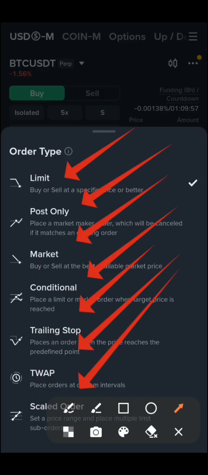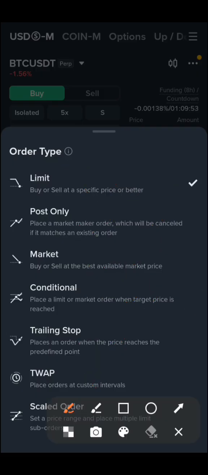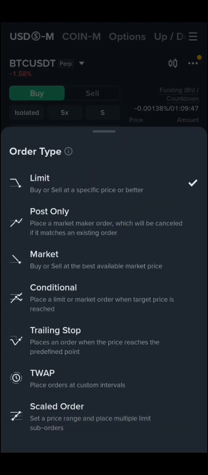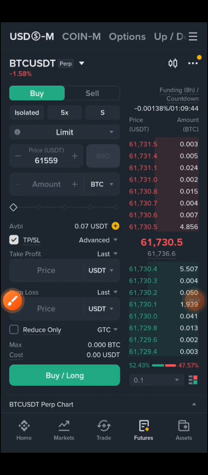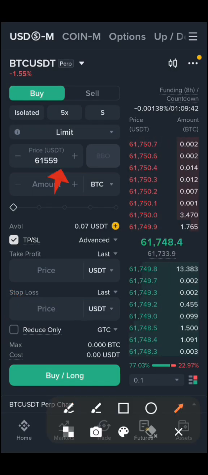Now all those orders mean something, but as a beginner I would recommend you always to use limit or market order. Reason being that when you're using limit order, which is the one I'm using currently, it means you can buy or sell a certain coin at a certain price. Like you can choose to set a pending order.